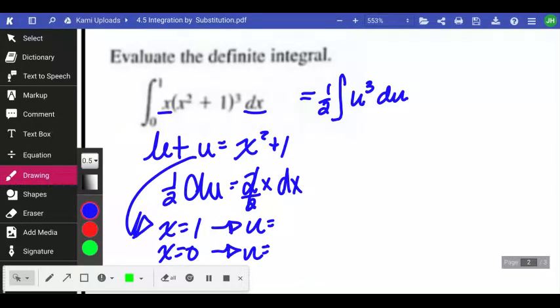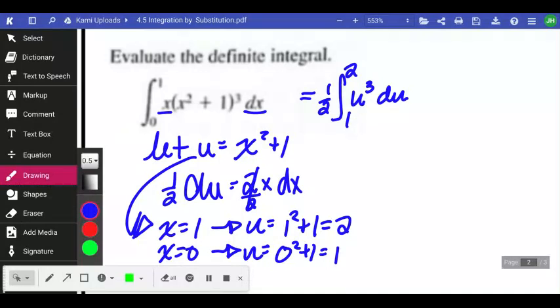So in order to find a u limit of integration, I can plug in 1. So that top limit of integration changes from 1 as an x value to 2 as a u value. And then I'll plug in 0, which means my 0 x limit of integration changes to be a 1.